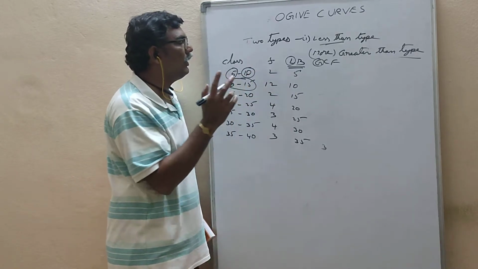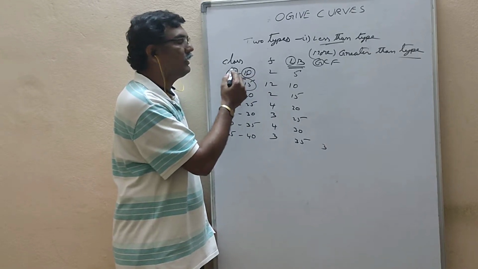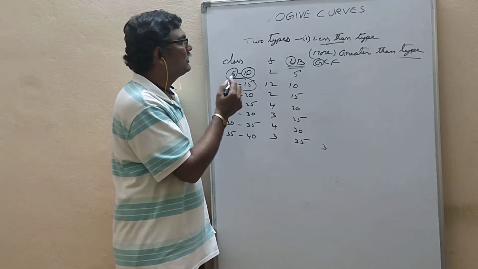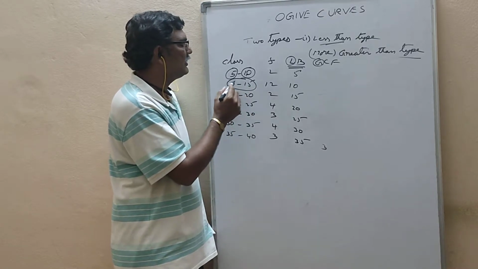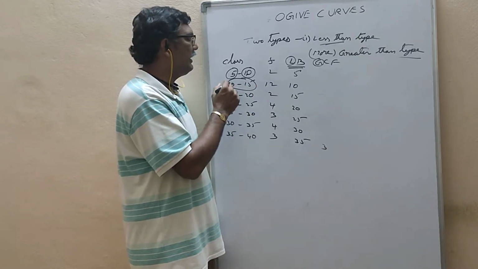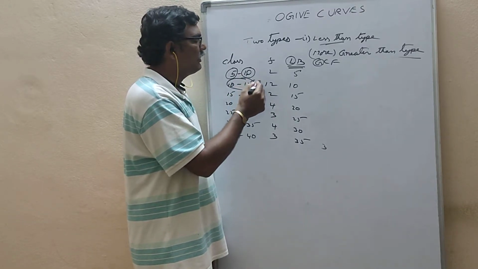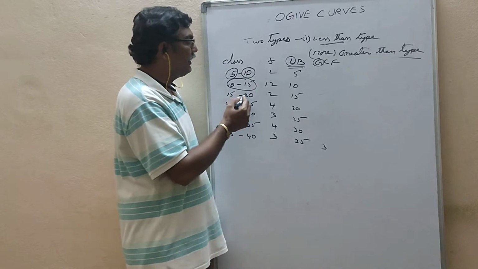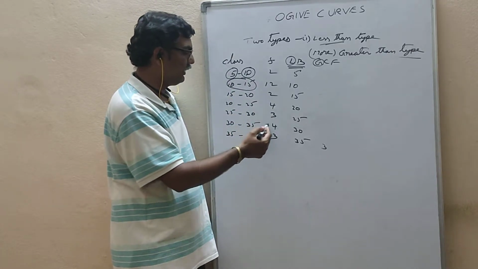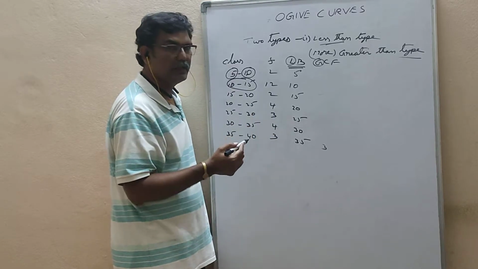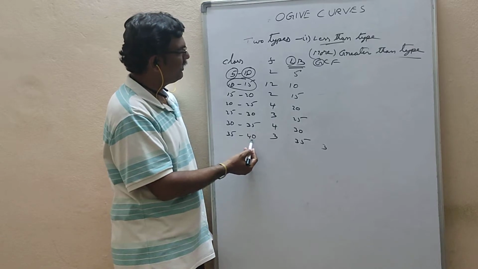2 means two observations lie in between 5 to 10. 10 to 15 means the observations between 10 and 15 are 12. 15 to 20 has 2, 20 to 25 has 4, 25 to 30 has 3, 30 to 35 has 4, 35 to 40 has 3. Just imagine there is an examination for 40 marks.